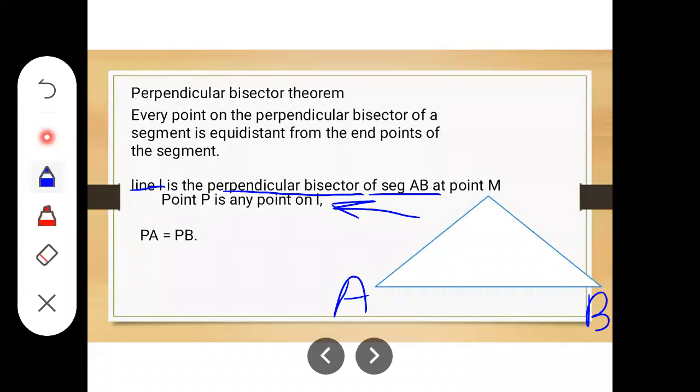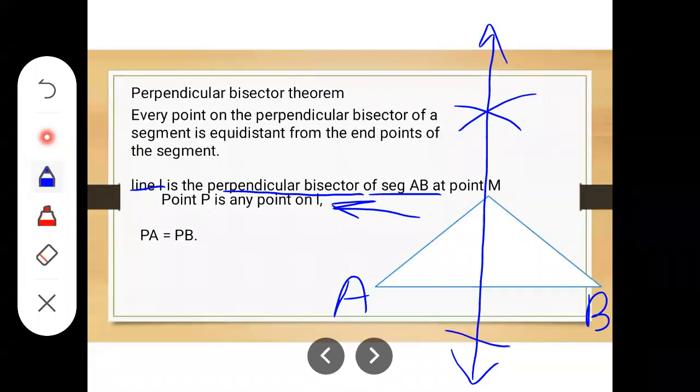So let's draw the perpendicular bisector of the given segment. How to draw the perpendicular bisector? You have already learned in geometric construction. So with arcs like that, using a compass, I have drawn the perpendicular bisector of segment AB at point M. The point of intersection is M here.